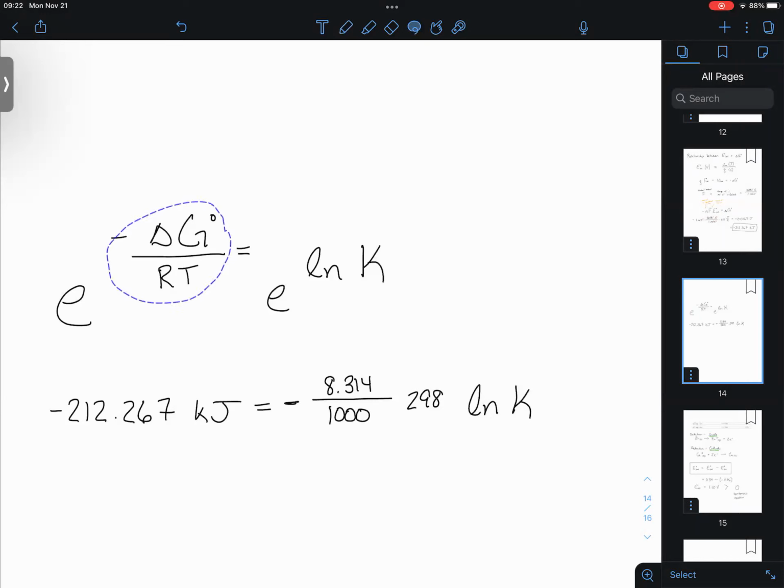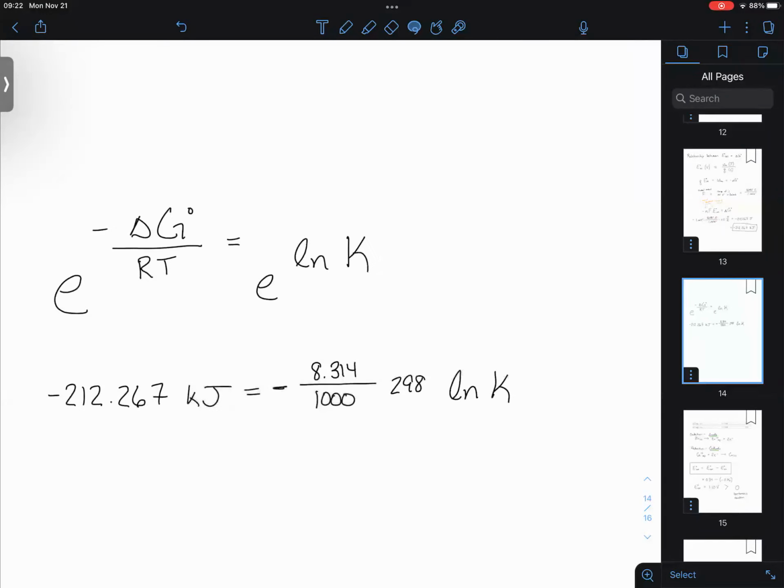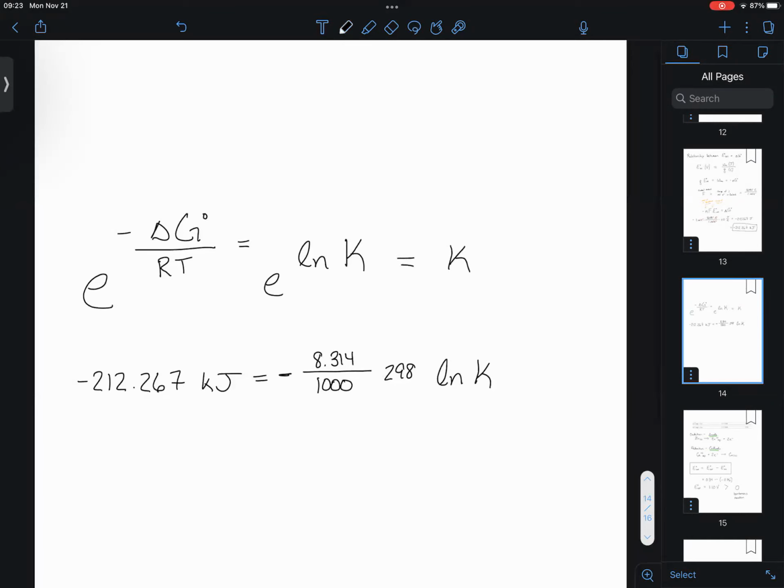I'm going to raise E to the power of negative delta G over RT. And raising E to the natural log of anything is how we get rid of that natural log, right? So it's really E to the power of negative delta G over RT, not E times negative delta G over RT.